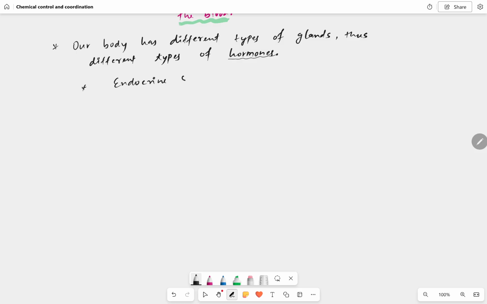So the endocrine system is basically the collection of these different glands which secrete hormones. The study of this endocrine system and the hormone is known as endocrinology.